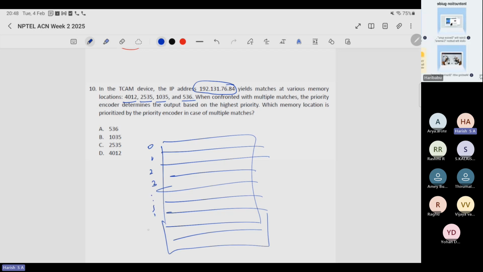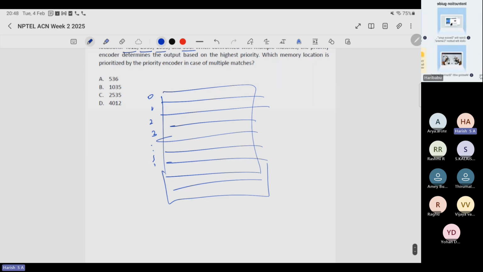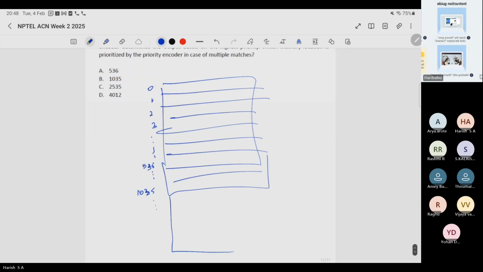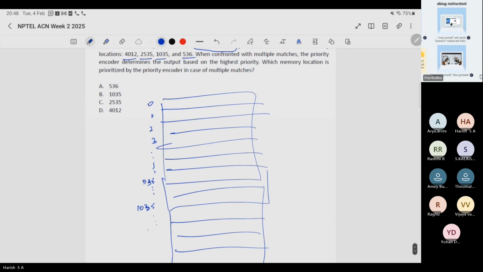As this goes, let's say 4012. Sorry. At 520, 536, and then it goes to 4012. Sorry, it goes to 1035, and then 2535, and then 4012.